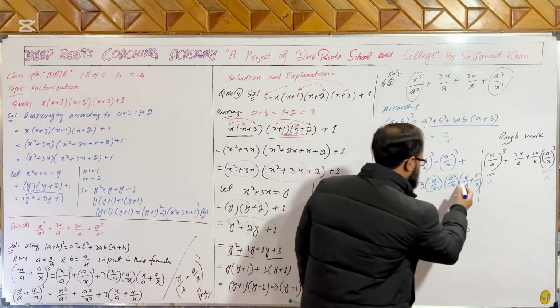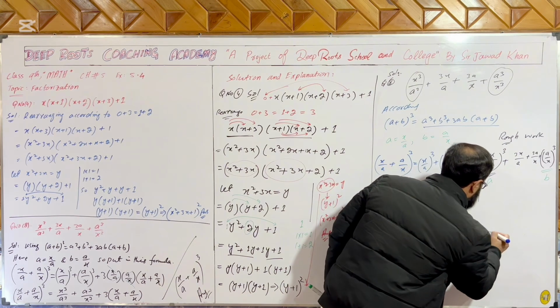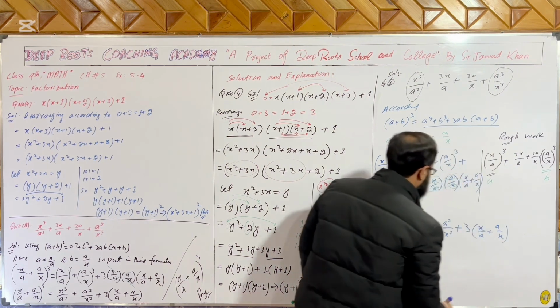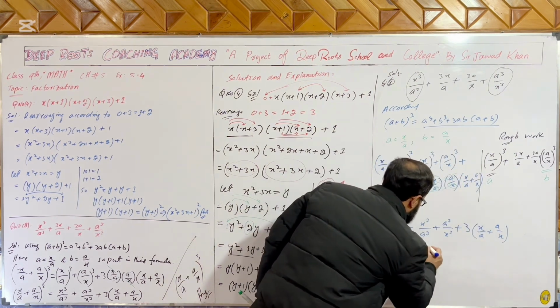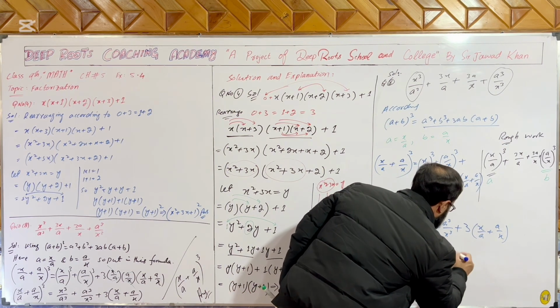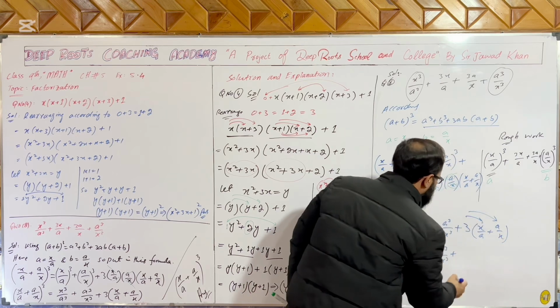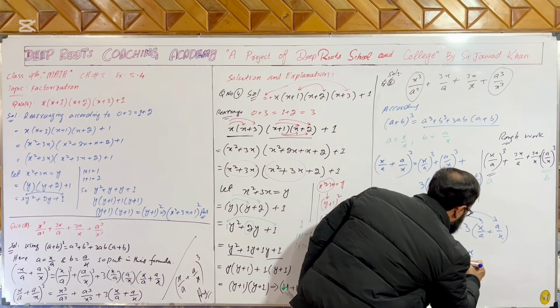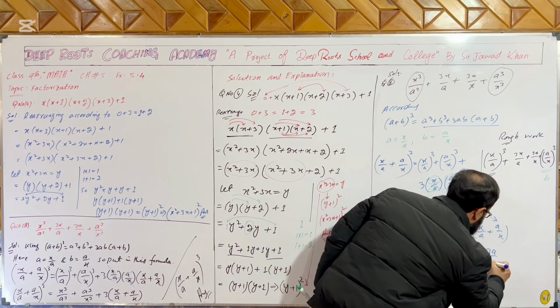So I will put just this value, x by a plus a by x, and if I multiply the 3 with both of these terms, this will become 3x by a plus 3a by x.